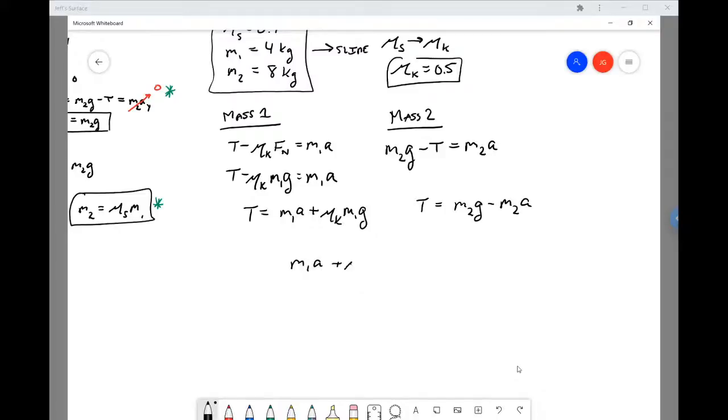m1a plus mu k m1g equals the weight of mass 2 minus that. Let's group the a's on the left-hand side. So we get m1 plus m2, factor out the a, equals m2g minus mu k m1g, and divide both sides by the total mass.